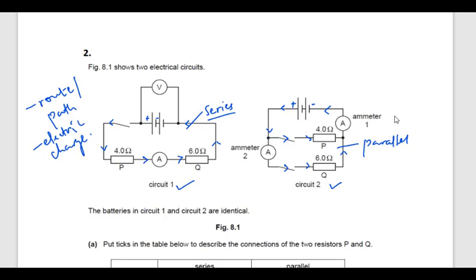So the question is asking us the advantages of connecting electrical components in a parallel circuit. Now we are assuming that these 2 resistors are electrical heaters.